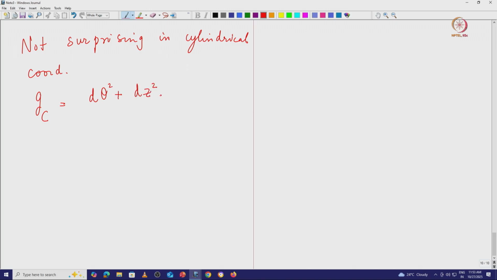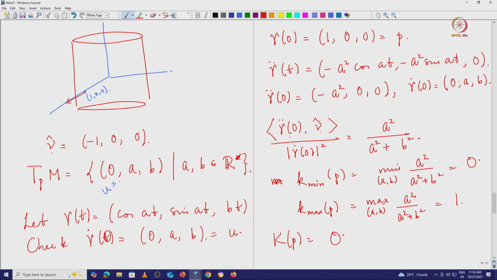So clearly it is locally isometric to R2, and R2 has 0 curvature, so this should also have 0 curvature. That is not surprising, but one can use our submanifold theory now to calculate these curvatures.